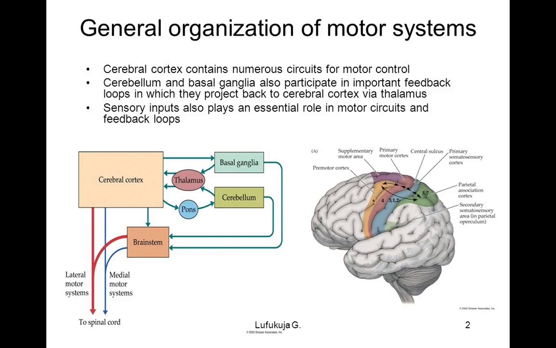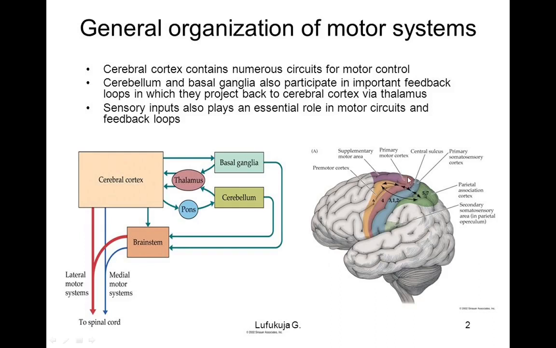But when it comes to motor function, even the somatosensory cortex is involved, or it is part of the loop of the motor system.